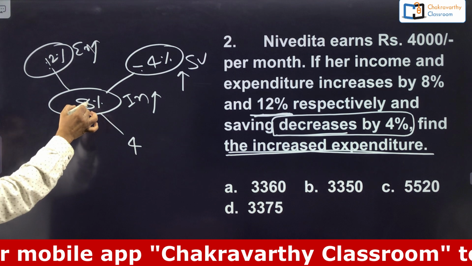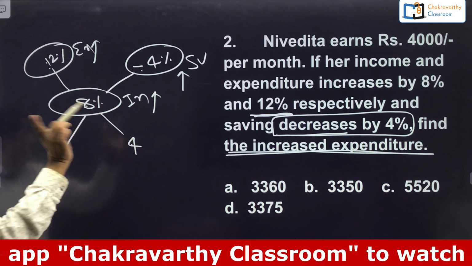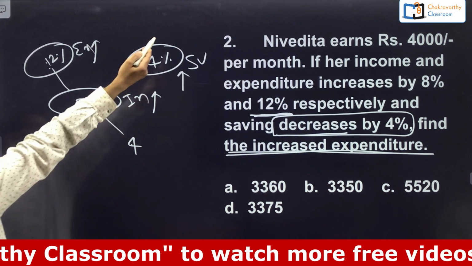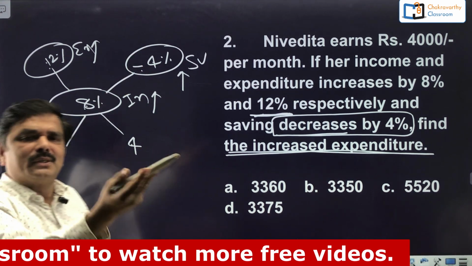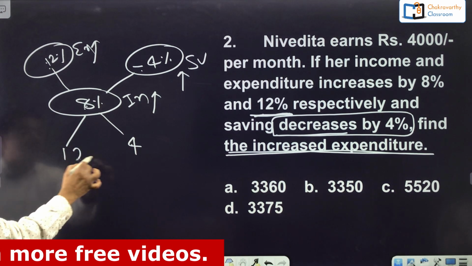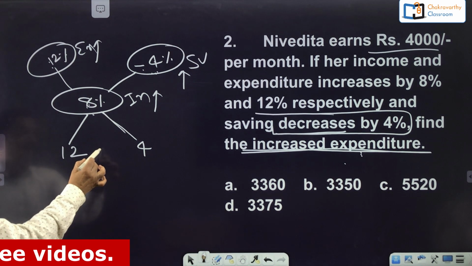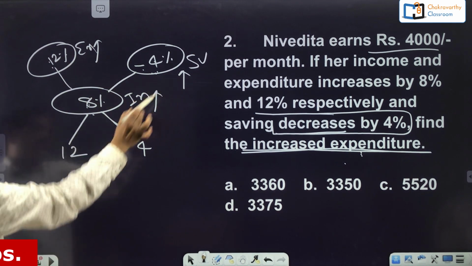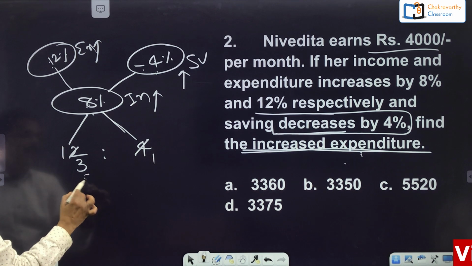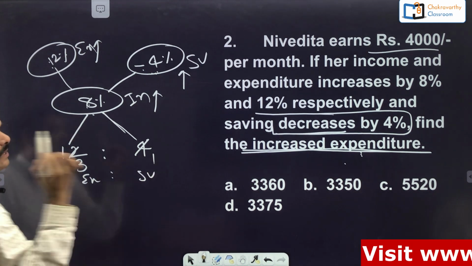Here it should be 8 minus minus 4, minus 4 becomes plus, 8 plus 4 is 12. This is the ratio. Now the ratio of expenditure to saving is 4 ones, 4 threes. This is 3:1, expenditure to saving.